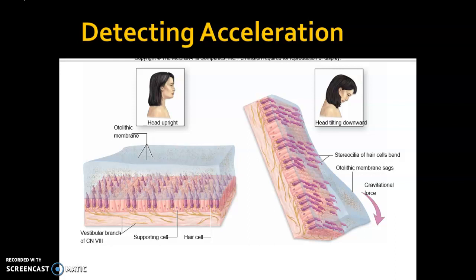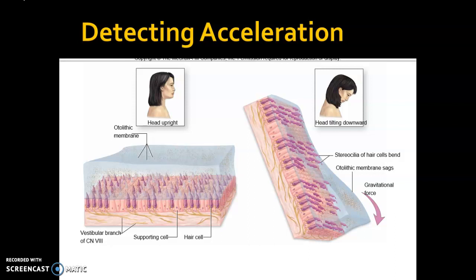I also want you to notice the yellow axons coming out of the hair cells. They come together and form the vestibular branch of the vestibulocochlear nerve, which is the cranial nerve number 8.